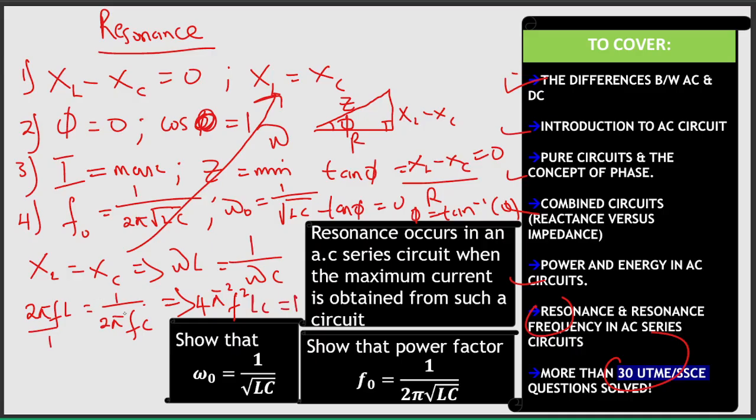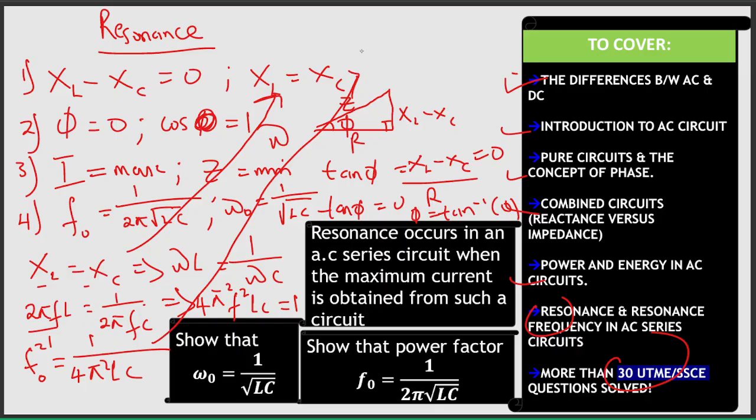That means f squared, and once this is equal to this, you put naught as the subscript, f naught squared will now be equal to 1 over 4 pi squared LC, like this. So I think I should finish it up here.